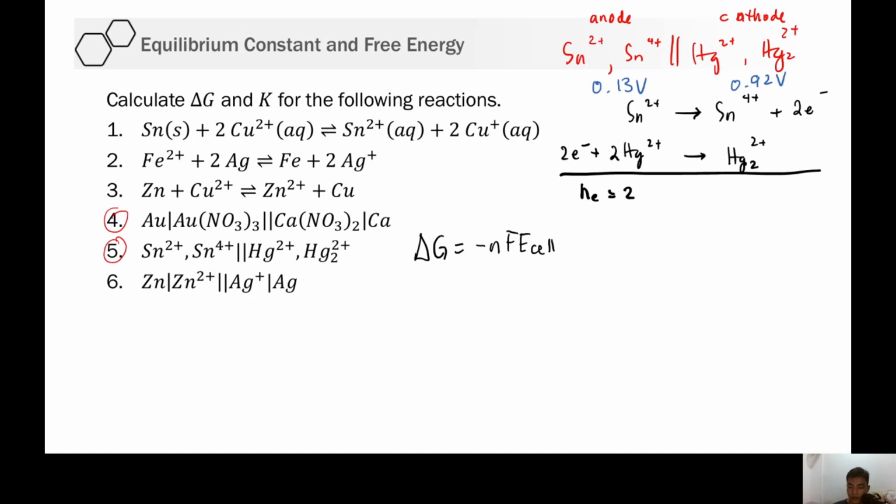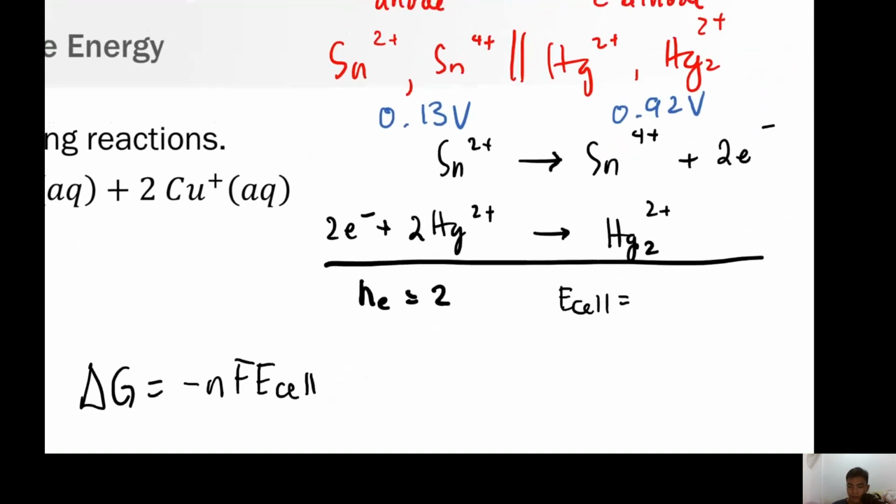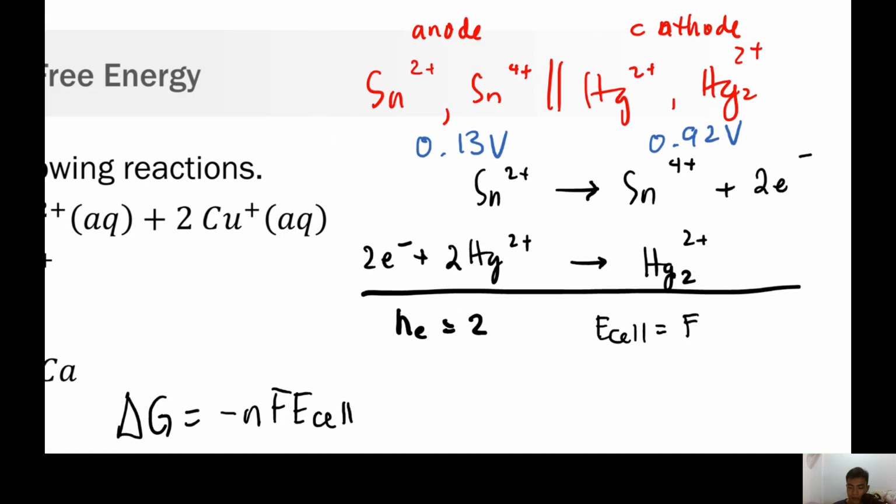Solving for E cell, E cell is E cathode minus E anode. 0.92 minus 0.13, so the difference is 0.79. So we have 0.79 volts as the E cell.